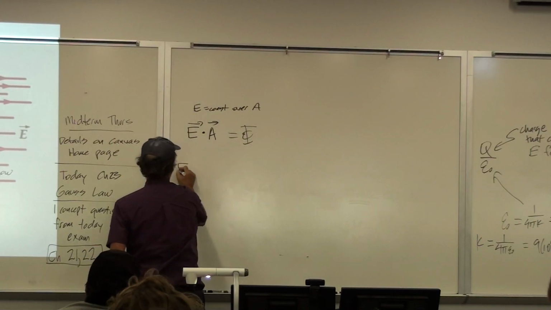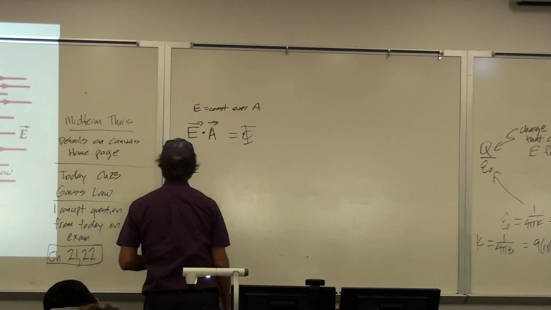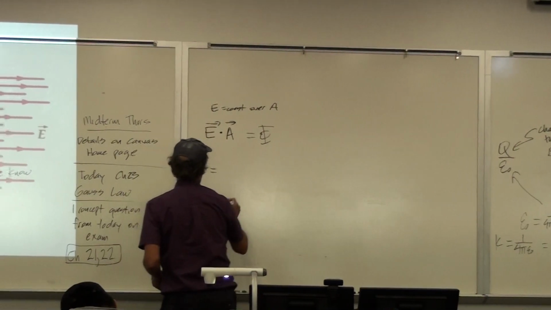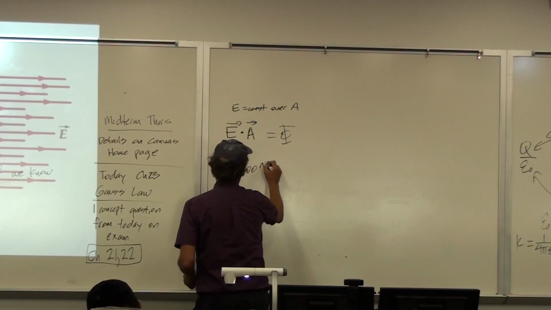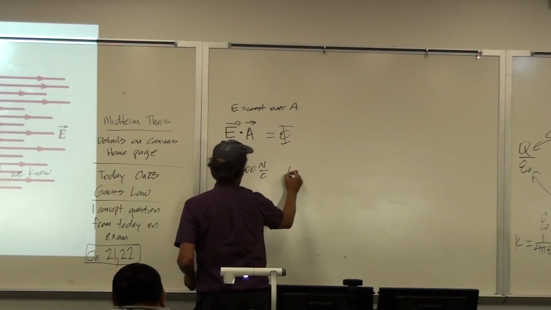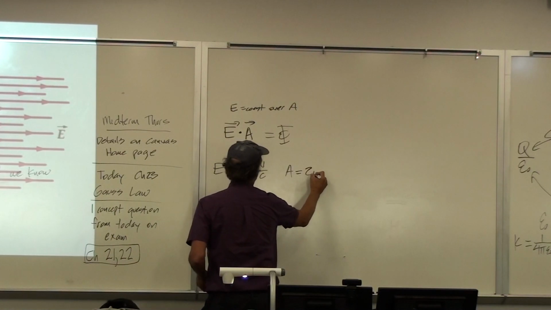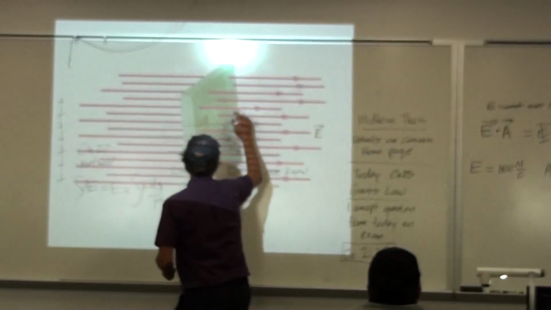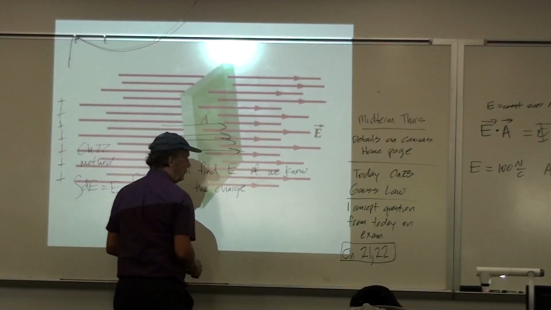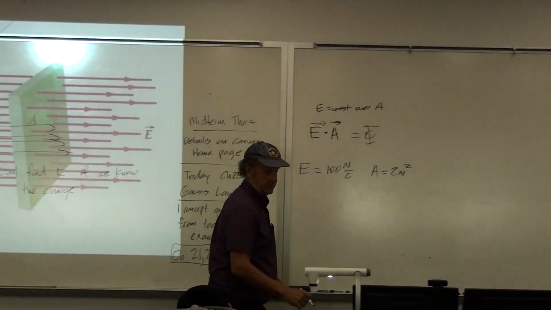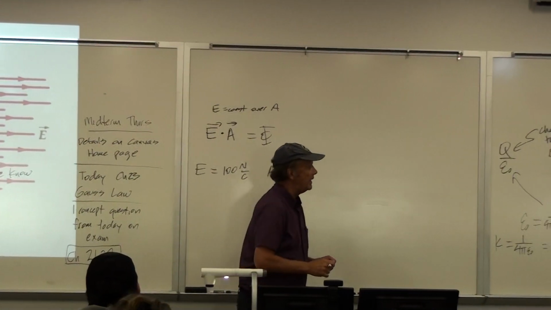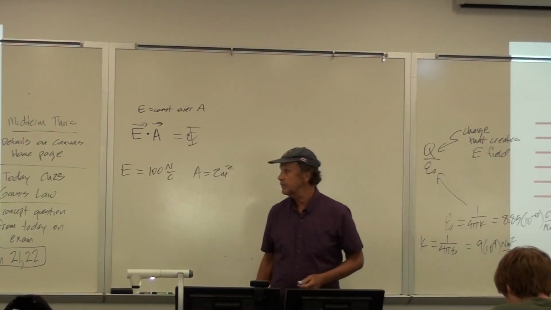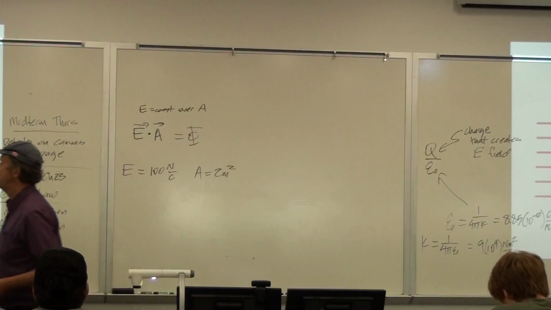Let's say that the electric field were equal to, let's say 100 newtons per coulomb, and the area was 2 square meters. And so that's the area of this thing. Then what we would need to do is take a quick look at how the electric field is oriented with respect to the normal, or the area.